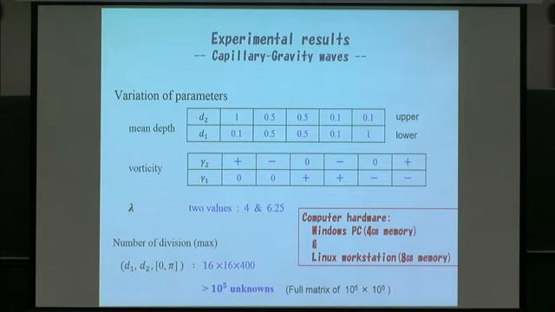And for gamma 1, gamma 2, these 6 cases, namely combinations of 2 values from zero, a positive value, and a negative value. And these 2 values for lambda. We experimented with combinations of these parameter values.